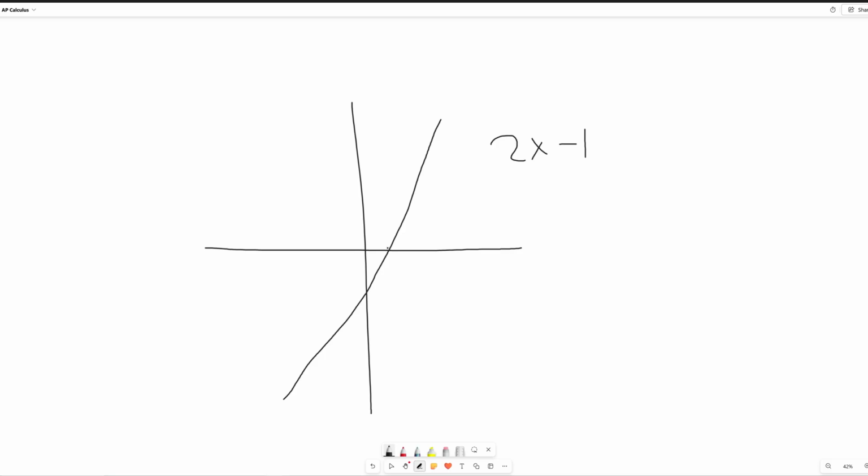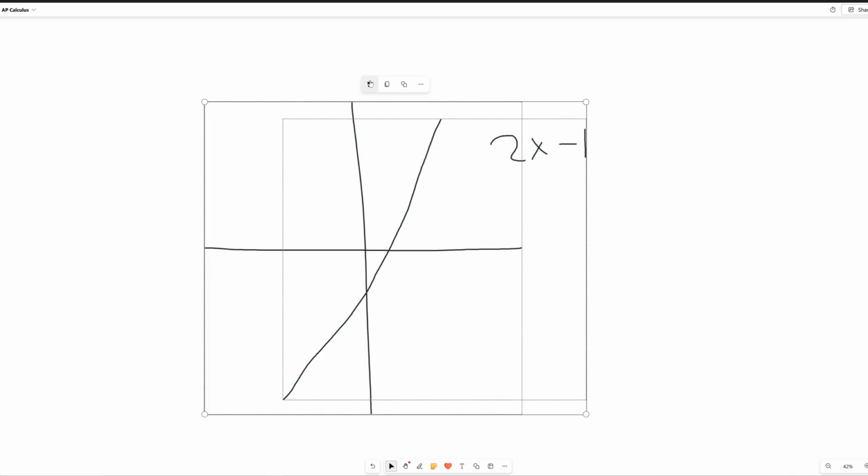That means it has no minimums, no maximums. 0 points of inflection either means that your sign chart for f prime of x looks something like this, or it just means that f double prime of x equals 0. So usually you can determine that if f double prime of x equals 0, it's going to be a linear function.